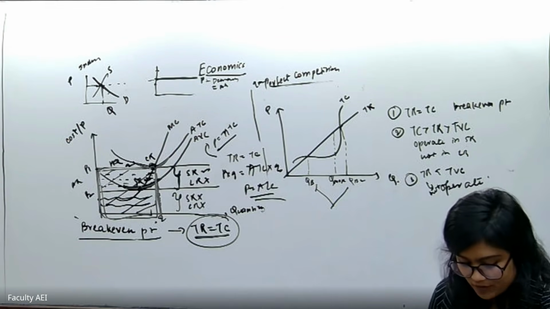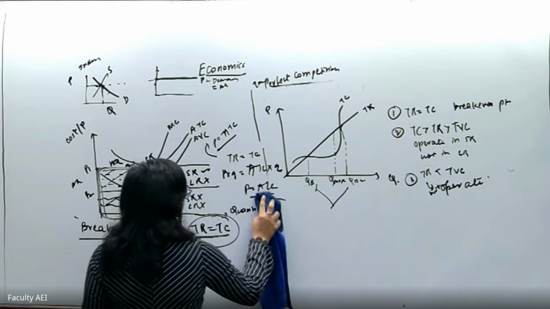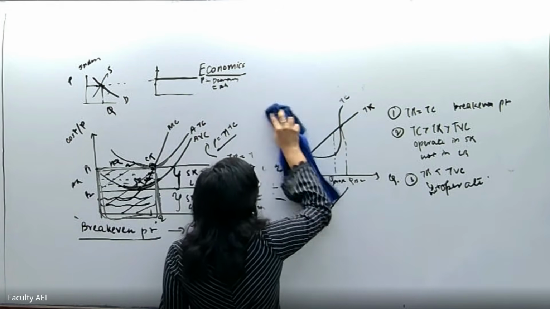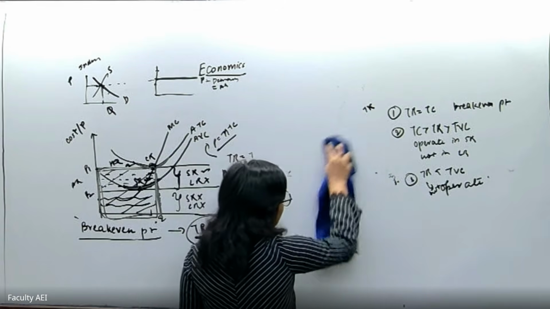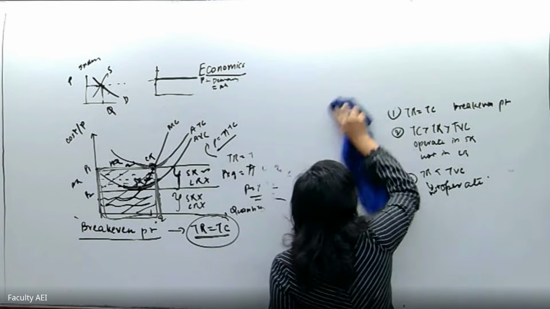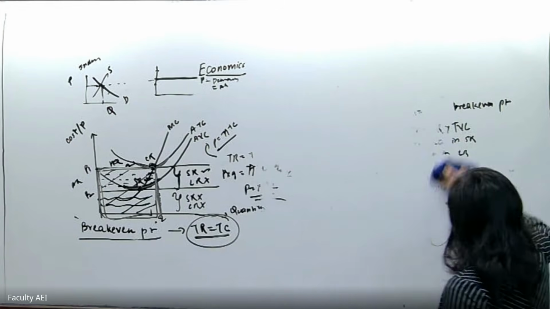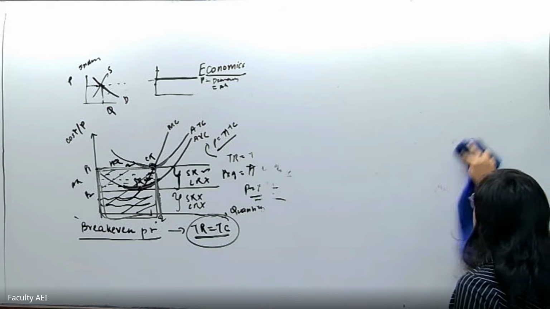Coming to the last topic of this reading, economies and diseconomies of scale. My long run average total cost is nothing but an envelope around the short run average total costs. We have discussed that under the short run, we would not be able to change the scale of operations.